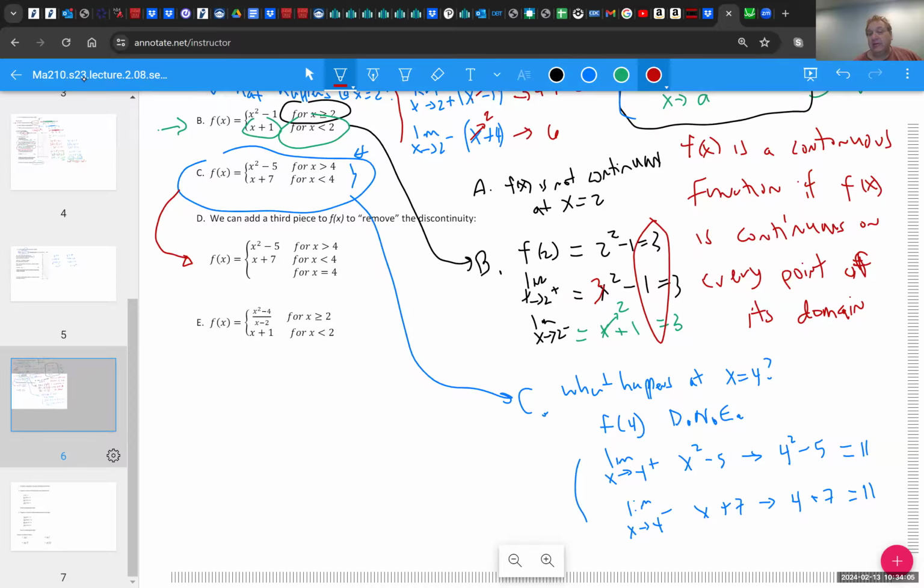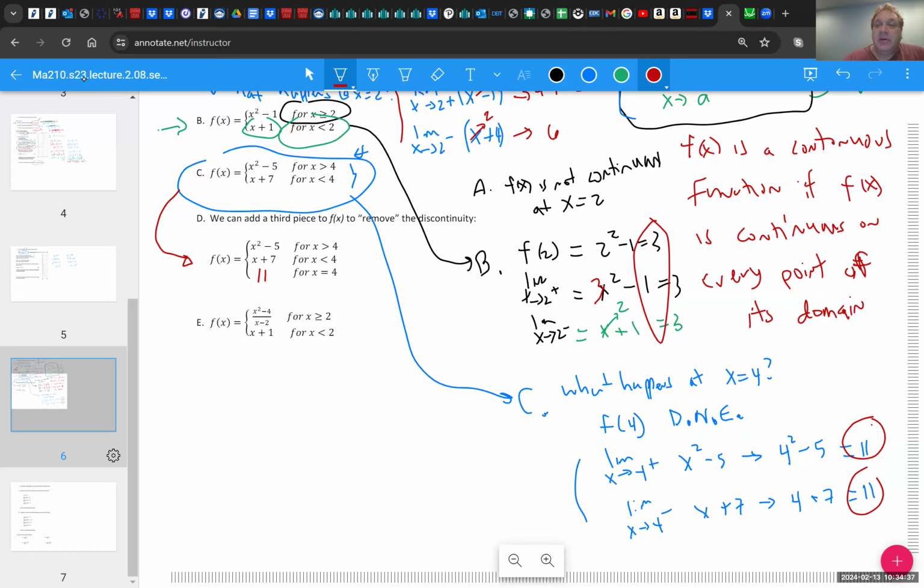So at the point where x equals 4, we need it to match up with these one-sided limits. So if we make this equal to 11 when x equals 4, then we essentially now have a continuous function, because from the left it's 11, from the right it's 11, and exactly at 4 it is also equal to 11. So that's how we can remove the discontinuity, as the math people call it, by adding in another branch to the function so that they all match up.